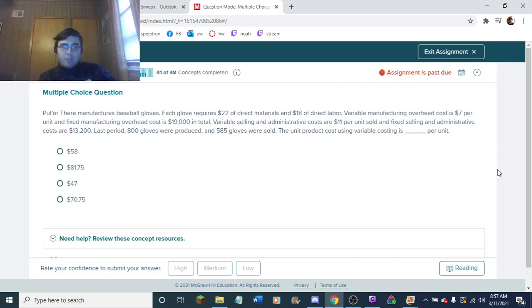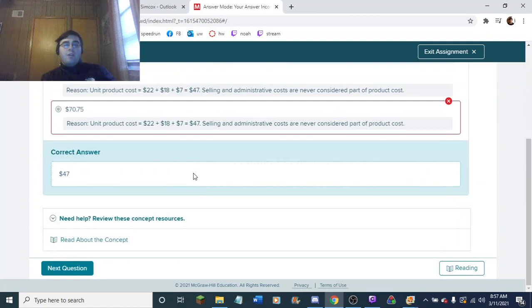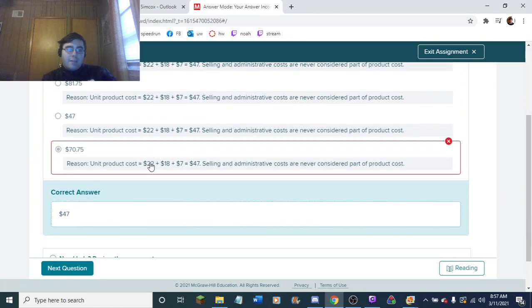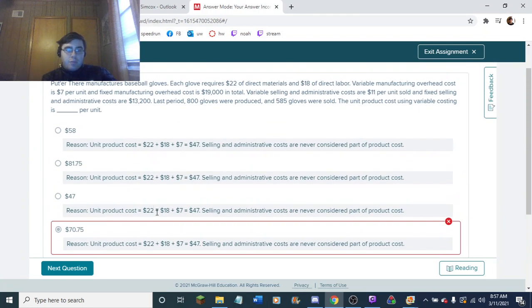This is the same question. $70.75. What? How? I'm an idiot. This is not for absorption costing. I'm stupid.